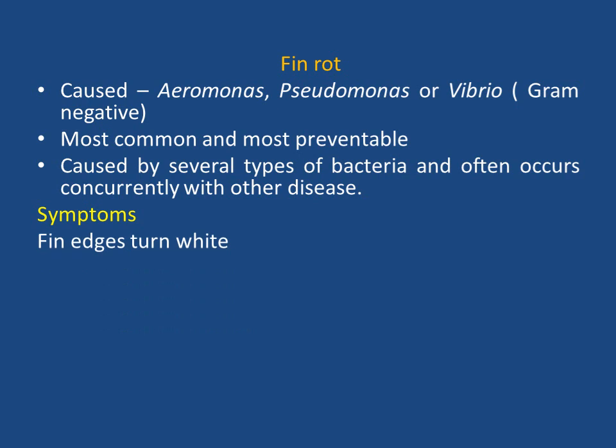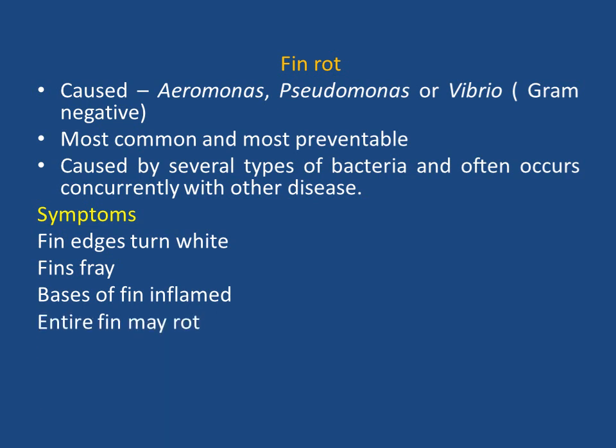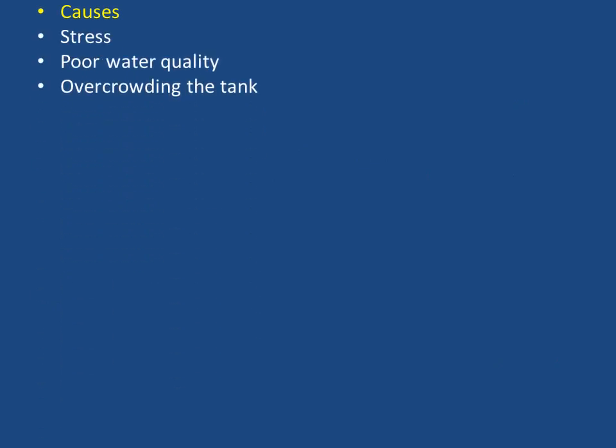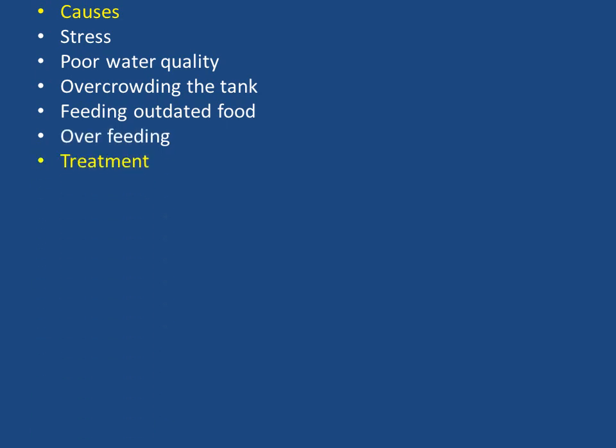Symptoms include fin edges turning white, fins fraying, bases of the fins inflamed, and the entire fin may rot, due to degeneration of the tissues between individual rays of the fins. The causes are stress, poor water quality, overcrowding in the tank, feeding outdated food, and overfeeding.